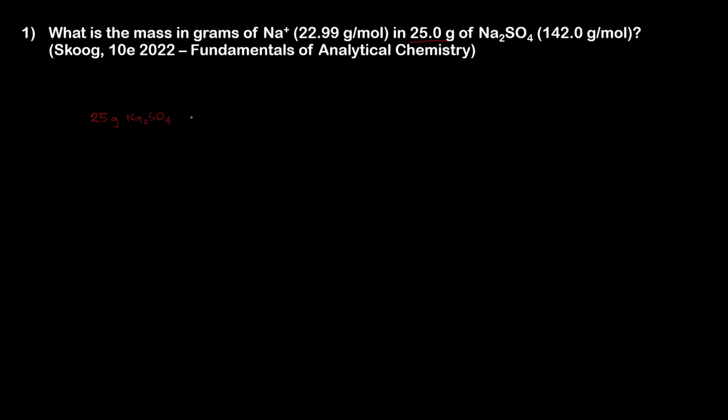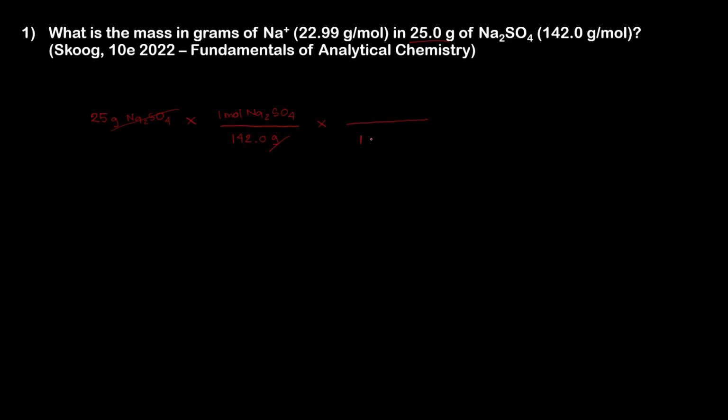Then let's use the molar mass. So 1 mole of sodium sulfate weighs 142 grams. Okay, now we can cancel grams, and now we have the moles of sodium sulfate. Okay, now we need to see how many sodium are in sodium sulfate.